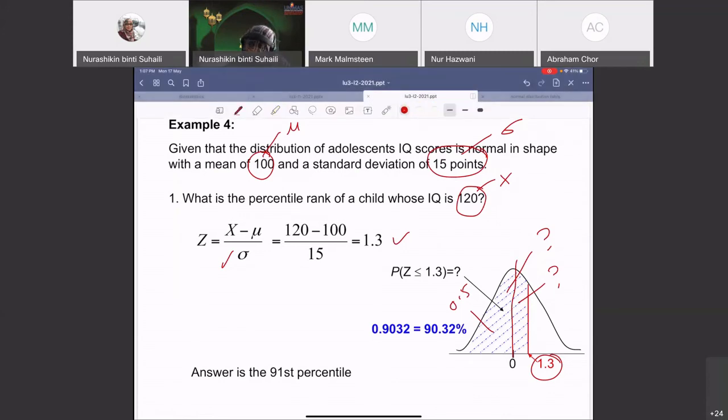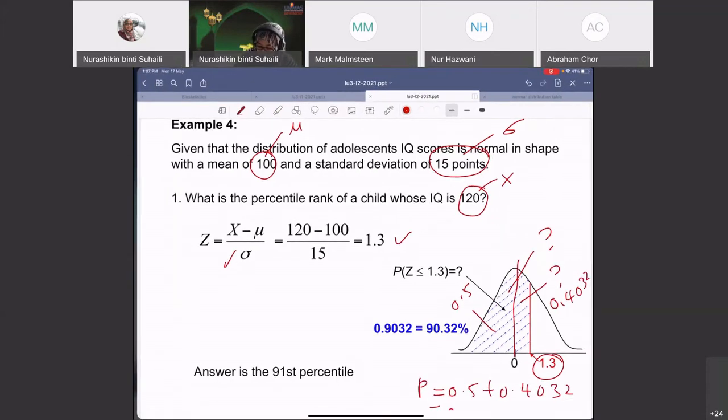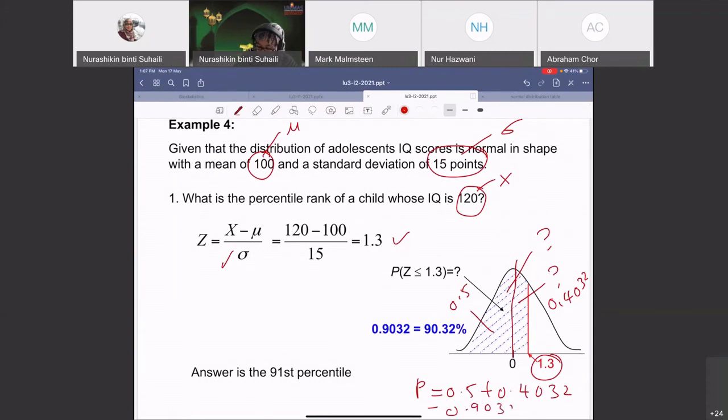So here is 0.4032. Okay, so the total area will be 0.5 plus 0.4032, that is 0.9032, right? Or if you convert it into percentage, it is 90.32%. Because the question asks the percentile rank, you should convert it into percentage.